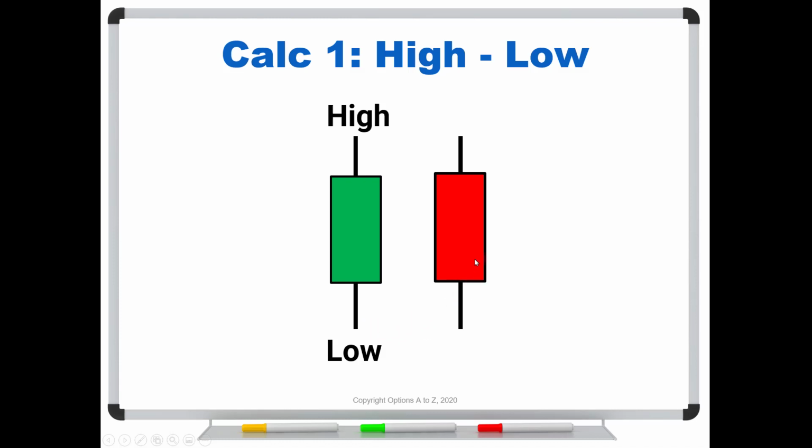If it happens to be a red candle, don't let that throw you. We're not looking at the opening and the closing, which are the tops and bottoms of these boxes. We're looking at the highs and the lows. So if it's a red candle, exactly the same calculation, high minus the low. Notice that the high trade absolutely must be a greater number than the low. That's why we don't take the absolute value here. Just the high minus the low, we're going to record that.